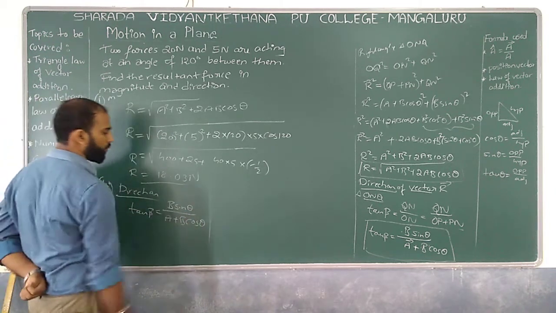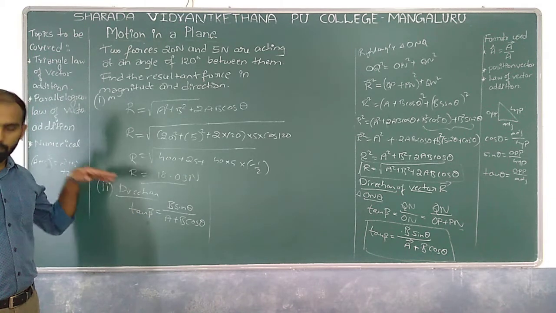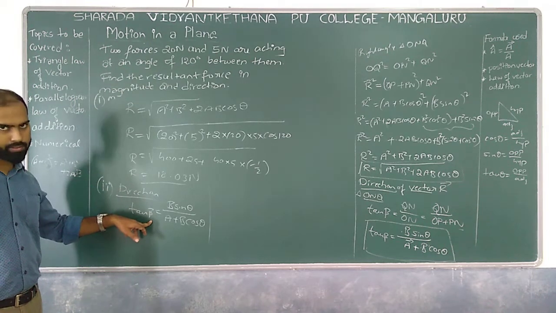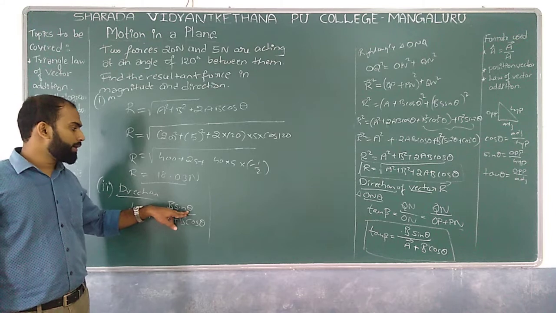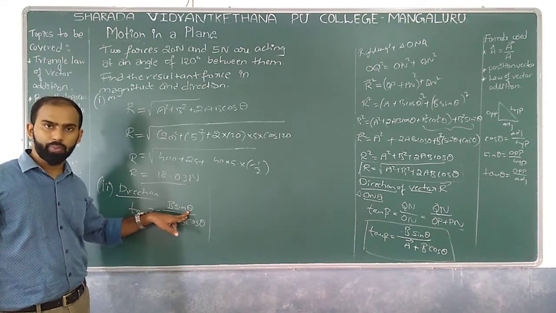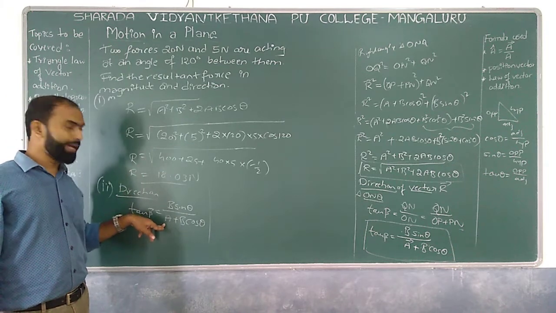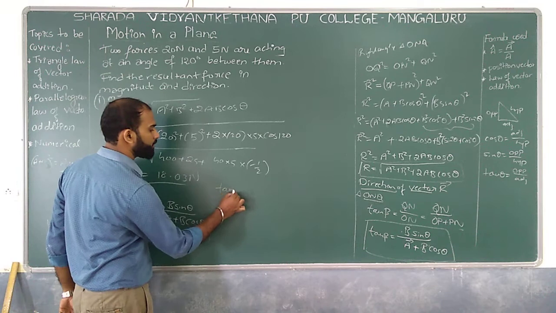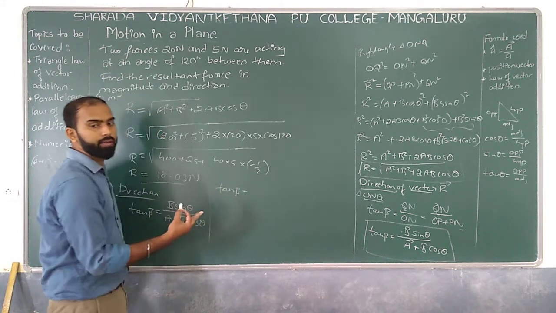We are supposed to find beta only. Beta gives the direction. Now here theta is 120 degrees, B is 5 and A is 20. You substitute.